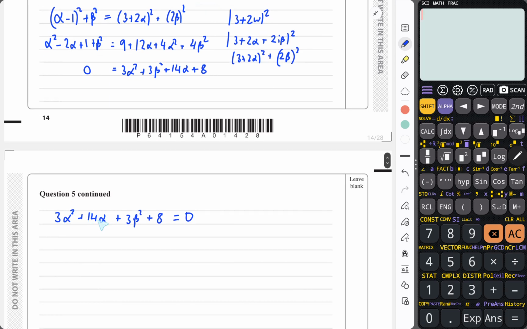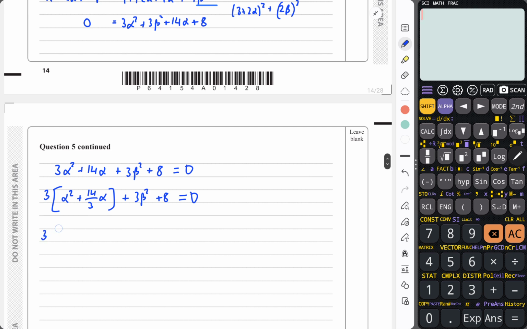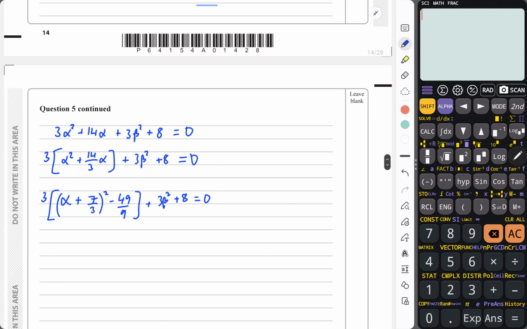And I want to complete the square on the alpha terms. That's what we typically do to get the equation of a circle. So alpha squared plus 14 over 3 alpha plus 3 beta squared plus 8 equals 0. And then let's actually do the completing the square. So that's going to be (alpha plus 7 over 3) squared minus this term squared, 49 over 9, plus 3 beta squared plus 8 equals 0.